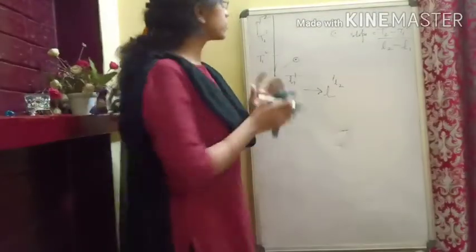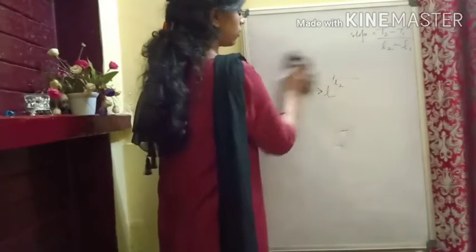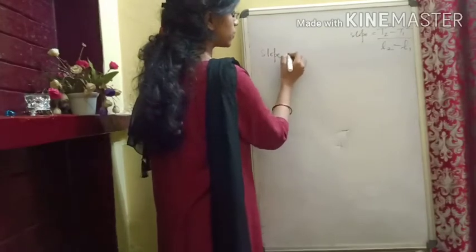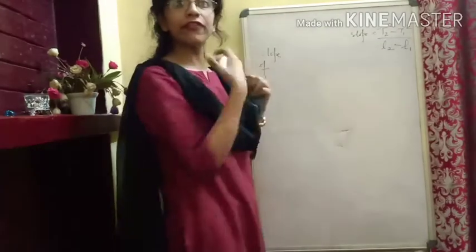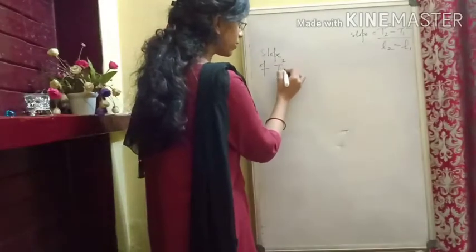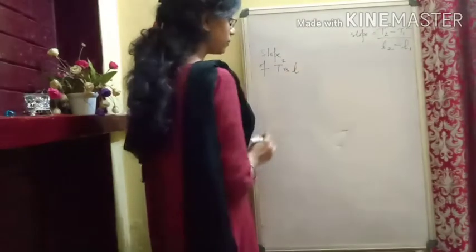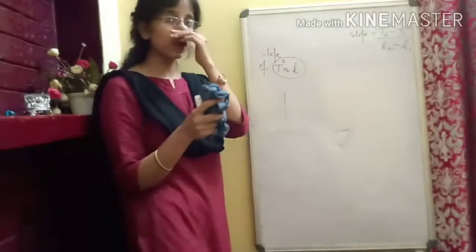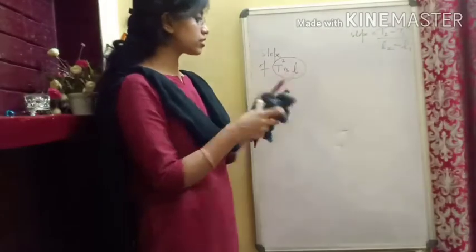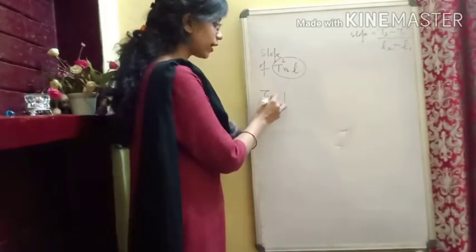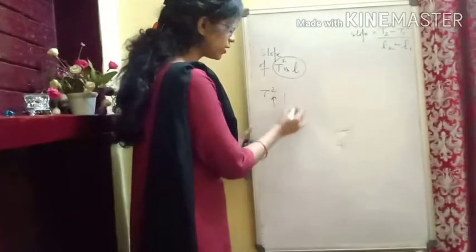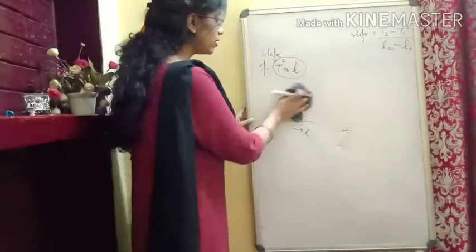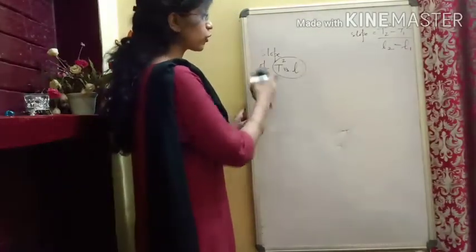Okay, now we have calculated the slope. Slope of which graph? That is t square versus L, which is how you read it: we are plotting a graph of t square versus L, taking t square on the y-axis and L on the x-axis.